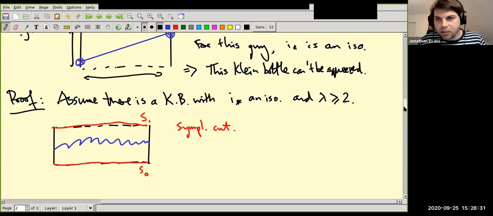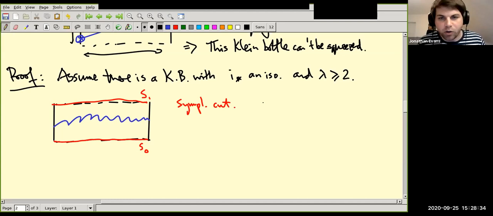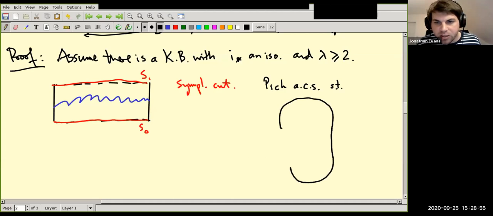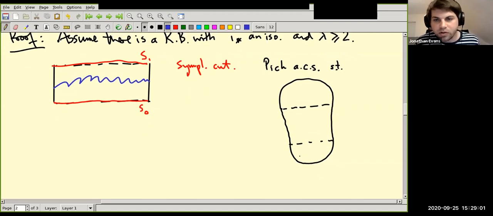Okay, that's the first thing. Then what am I going to do? I'm going to pick an almost complex structure, and it's going to be a neck-stretching almost complex structure. Let me redraw the manifold in the following way: there's a top bit, a neck, and a bottom bit. The bottom bit is a neighborhood of the Lagrangian Klein bottle. The top bit is something that contains these two spheres; it's the complement of the Klein bottle.